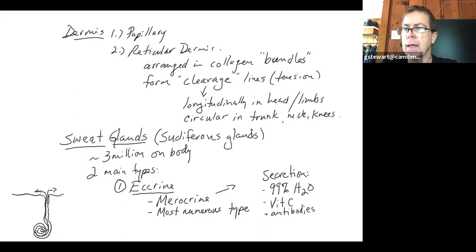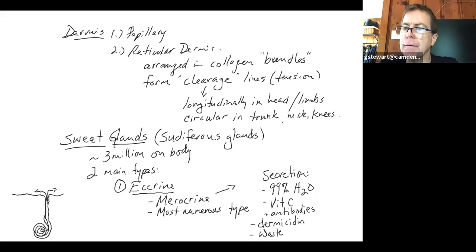It also contains dermcidin, which is just an antibacterial peptide. A peptide is just a short chain of amino acids, and this is antibacterial in nature. Some waste products, depending on the situation in the body, things like ammonia or urea.